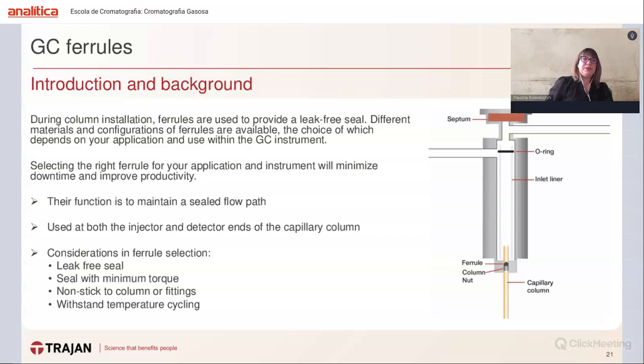So I will start with the GC ferrule. The function of the ferrule is to maintain the sealed flow path of the gas within our system. The ferrules are used on both ends of the capillary columns, so at the injector end as well as the detector end.